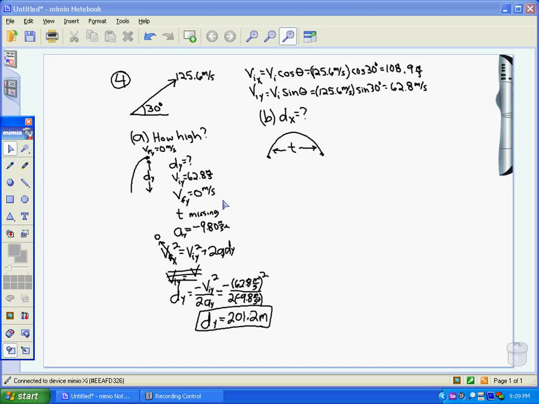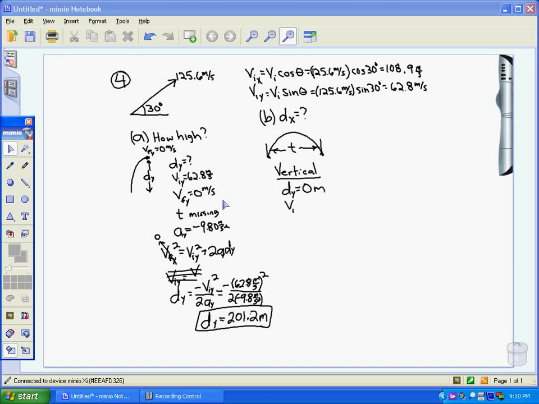So to find t, we always have to go to the vertical direction. So in the vertical direction, if you notice, dy is equal to 0 meters. It lands at the same height that it was launched from. We know that VIY is equal to 62.8 meters per second.